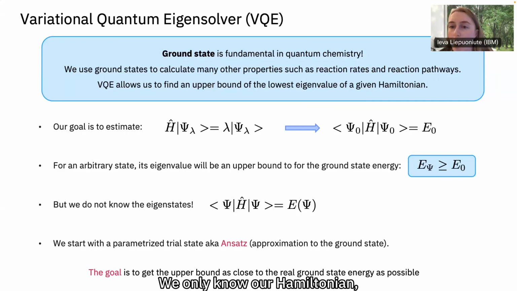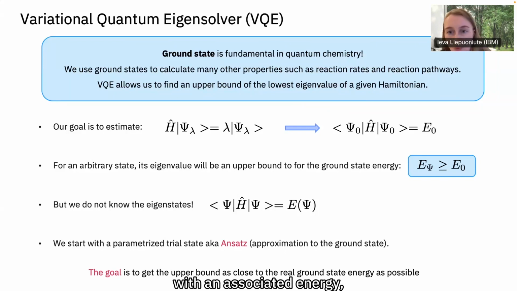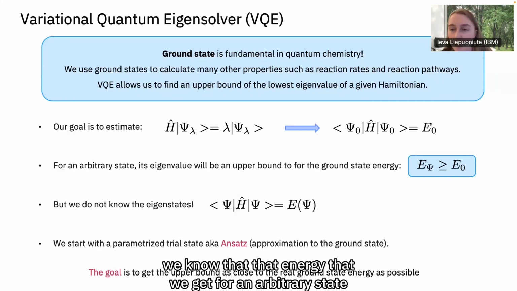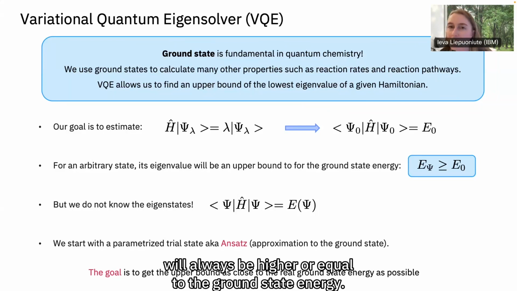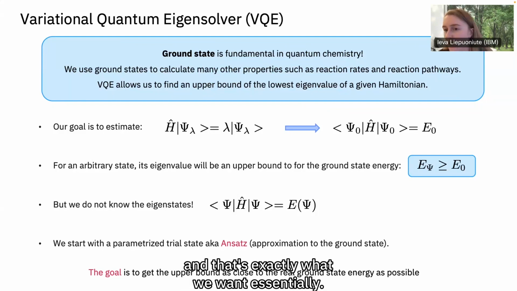We only know our Hamiltonian. But we also know that if we take an arbitrary state with an associated energy, that energy will always be higher than or equal to the ground state energy. So we essentially get an upper bound for the ground state energy, and that's exactly what we want.